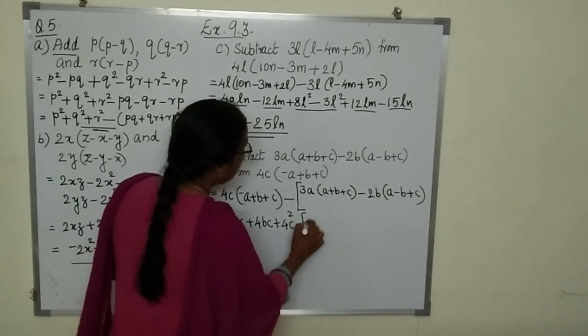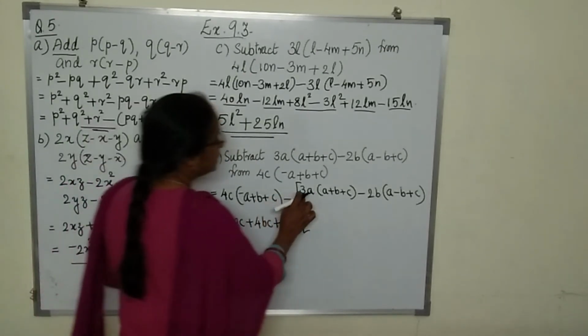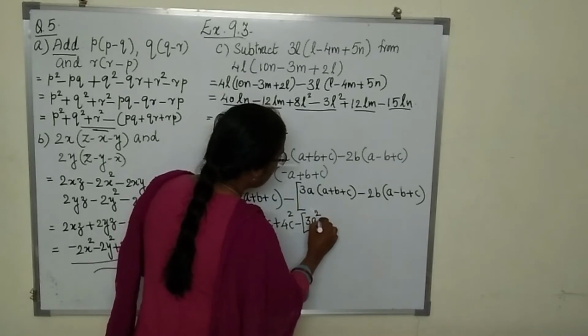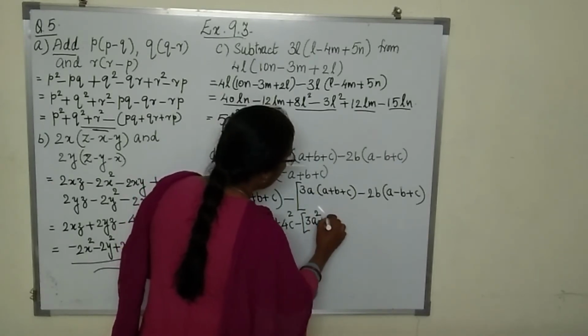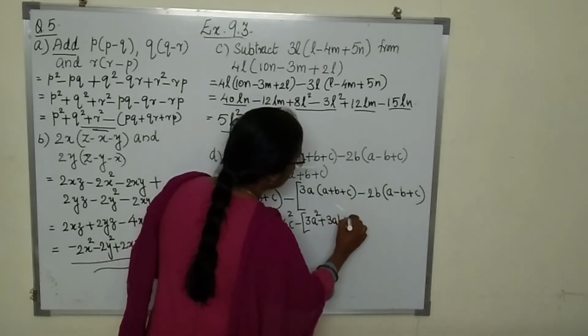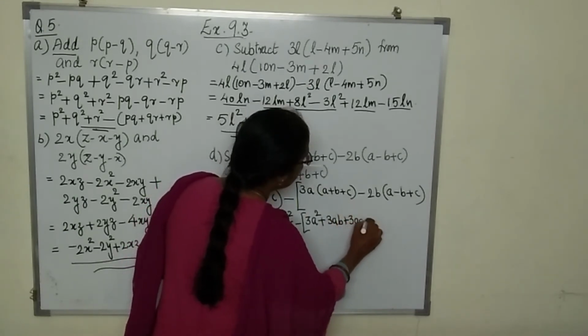Minus, in the bracket we have to open this: 3a into a, 3a square, plus 3a into b, 3ab, plus 3a into c, 3ac.